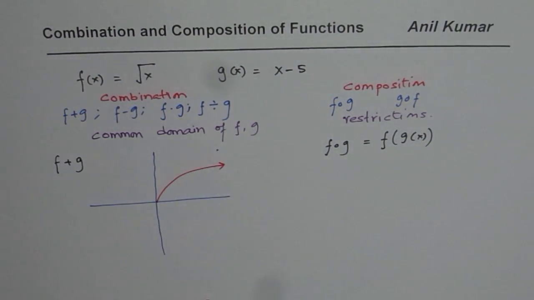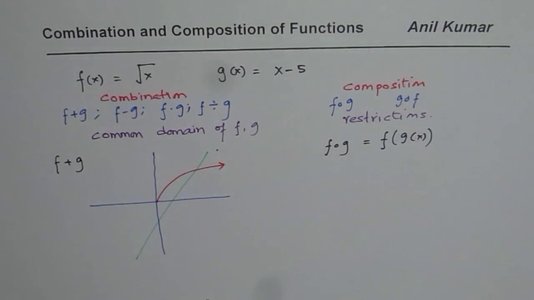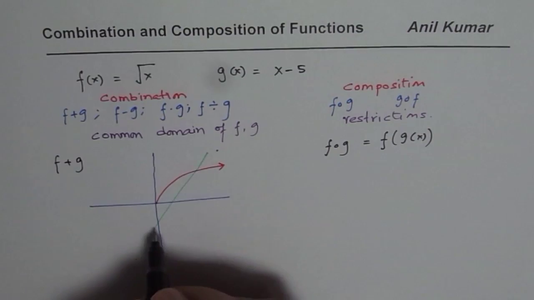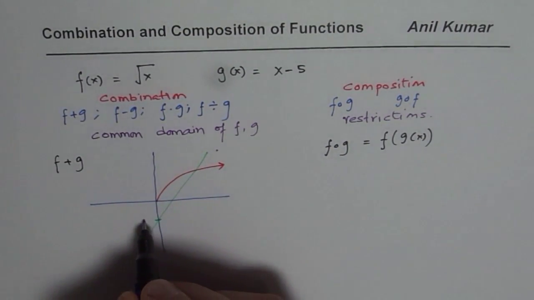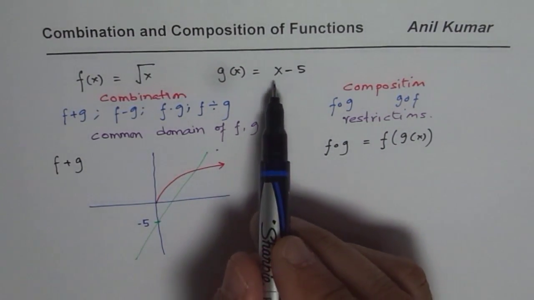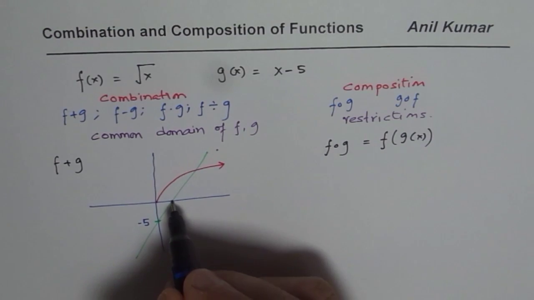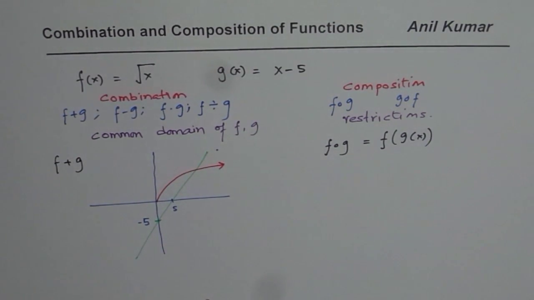So a line will be like this. I'm just drawing at random. I hope you understand the concept. Here, this point will be, for sure, minus 5. Since this line has a slope of 1, this is 5 and this is also 5, and somehow it is just like this.